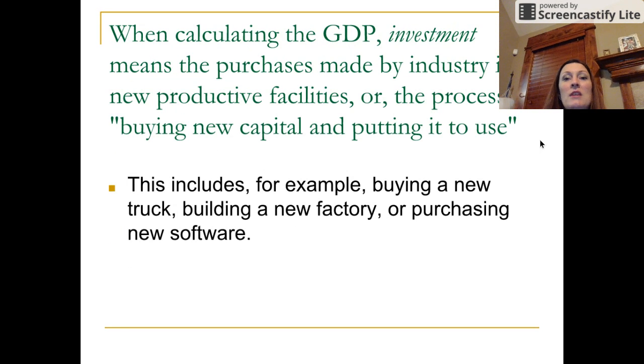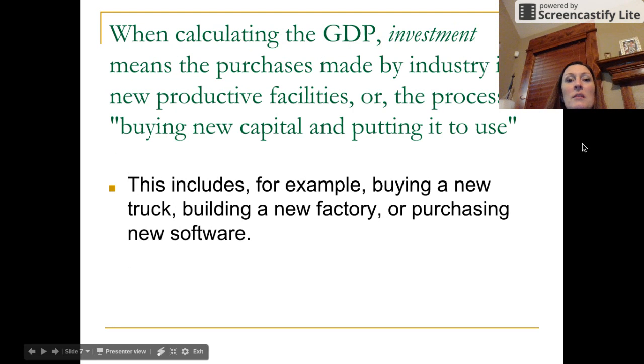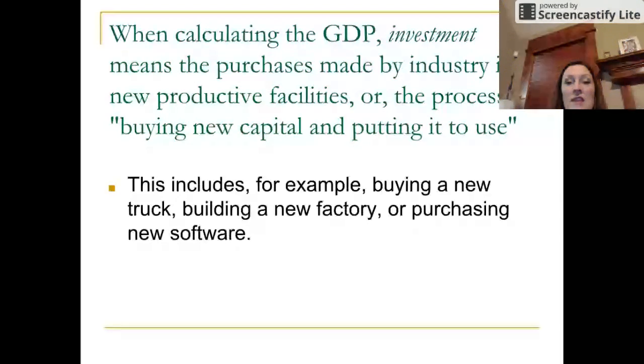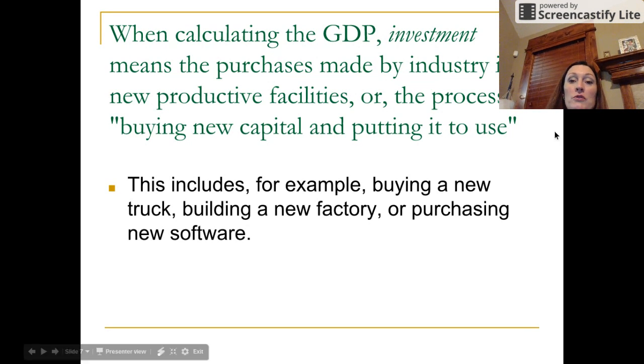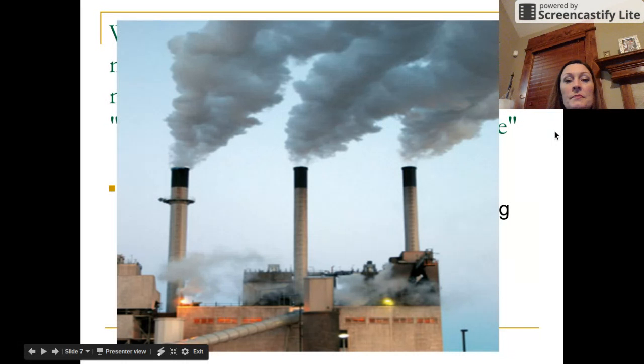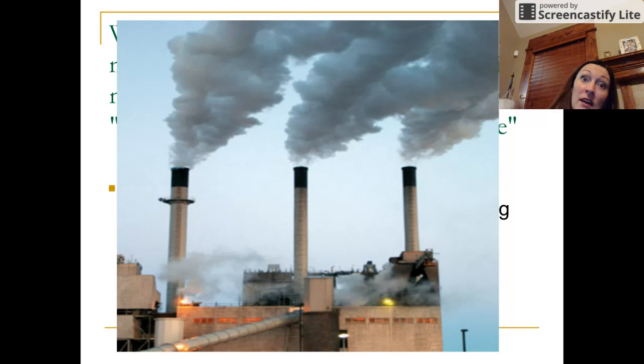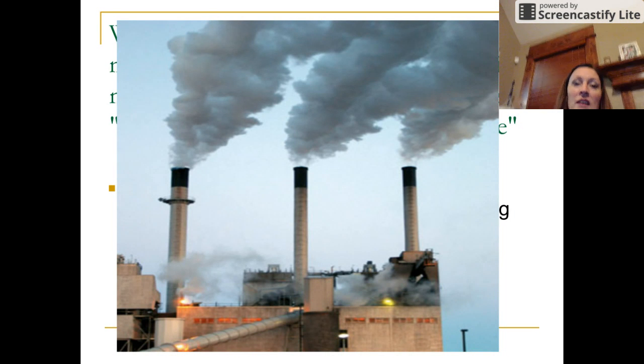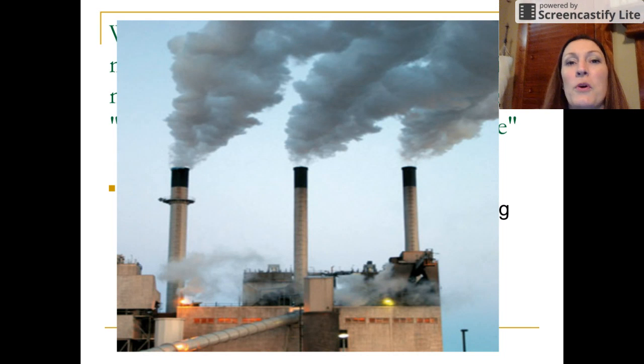When calculating GDP, investment means the purchases made by industry in new productive facilities, or the process of buying new capital and putting it to use. This includes, for example, buying a new truck, building a new factory, or purchasing new software. So it's when the company puts more money, basically, into the company so that they can produce more.